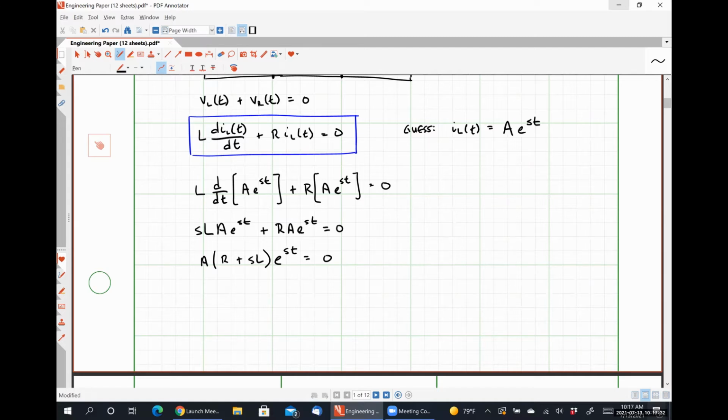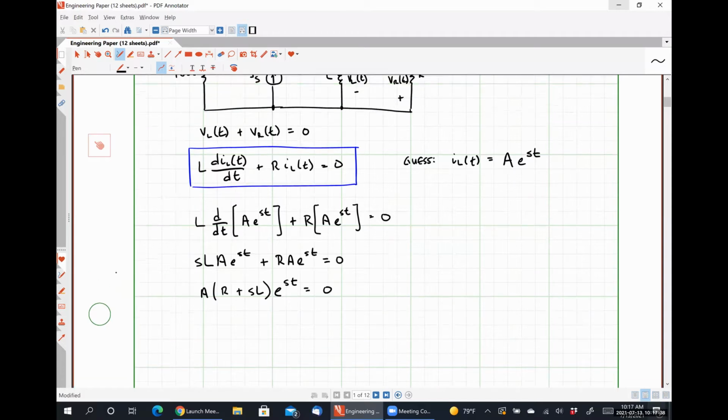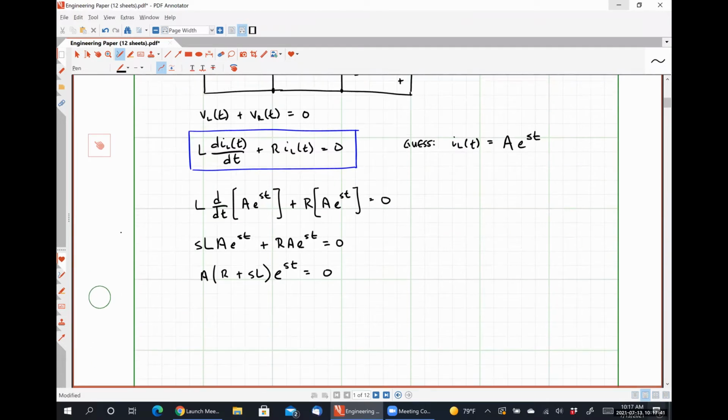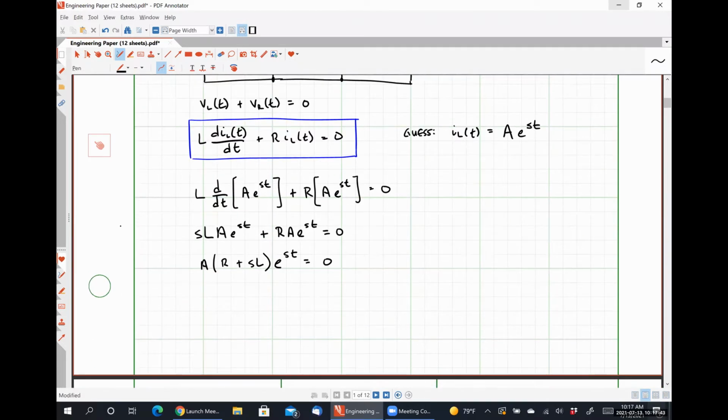That would only be valid under the condition that IS, our source current, were 0 for all time. So while that is a solution, it really doesn't provide us with any information whatsoever, because it makes sense that if the current starts at 0 and we know after some long amount of time it ends at 0, it was probably 0 at all points in between.